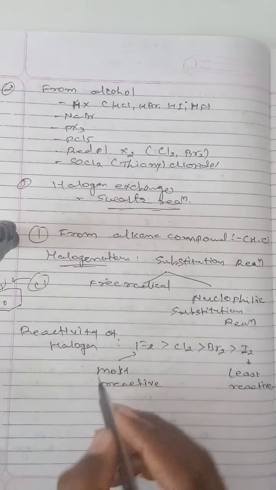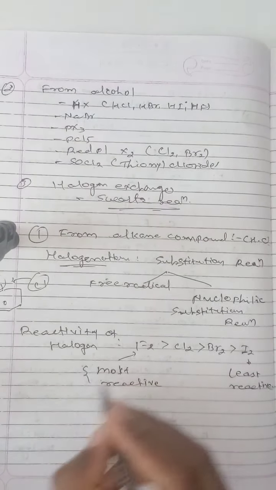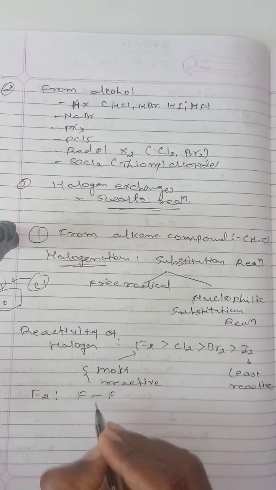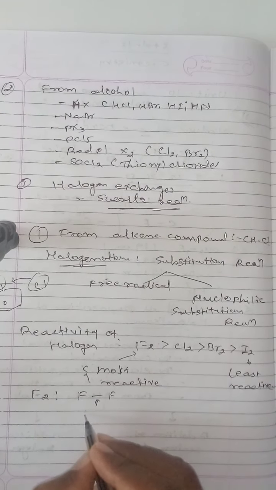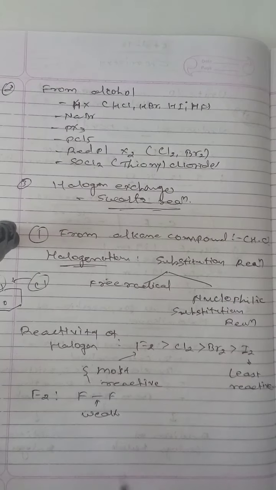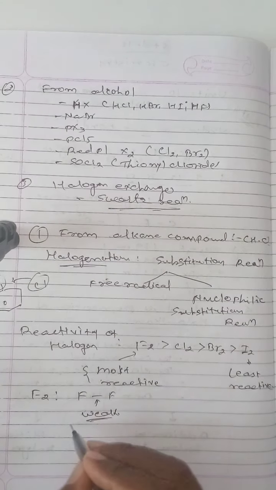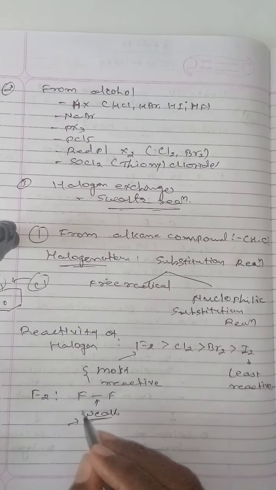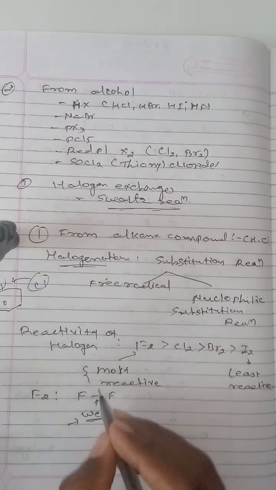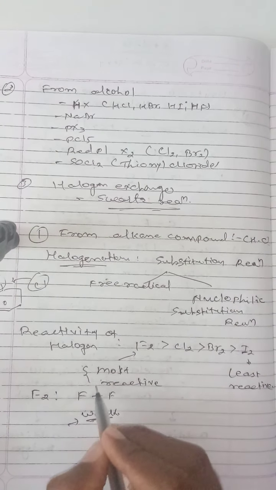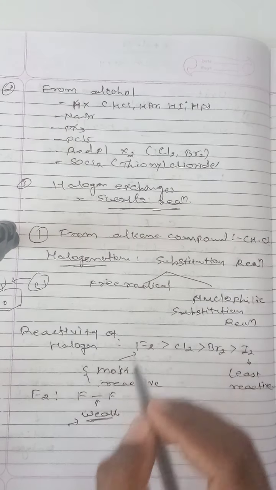Let's see here why it is most reactive. For fluorine, the bond between two fluorine atoms is very weak, and it is easily cleaved, therefore their reactivity is very high.